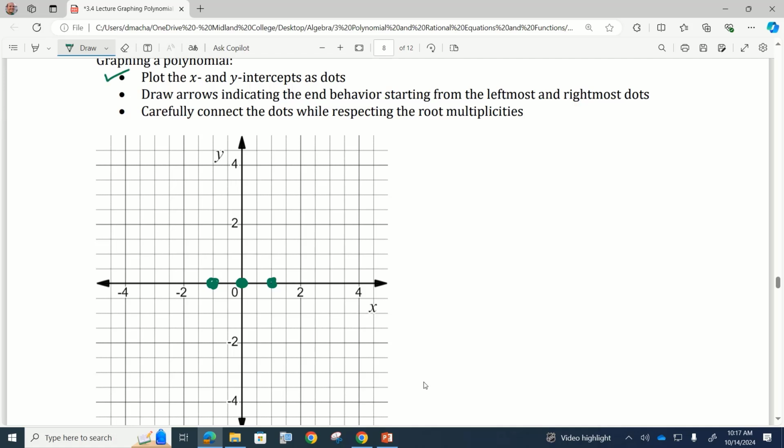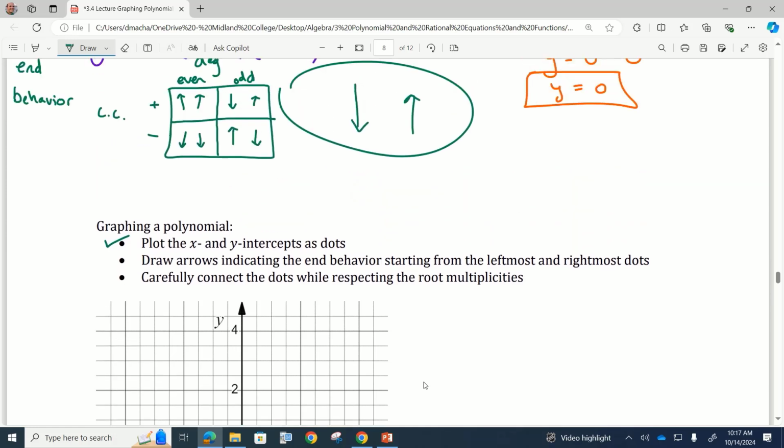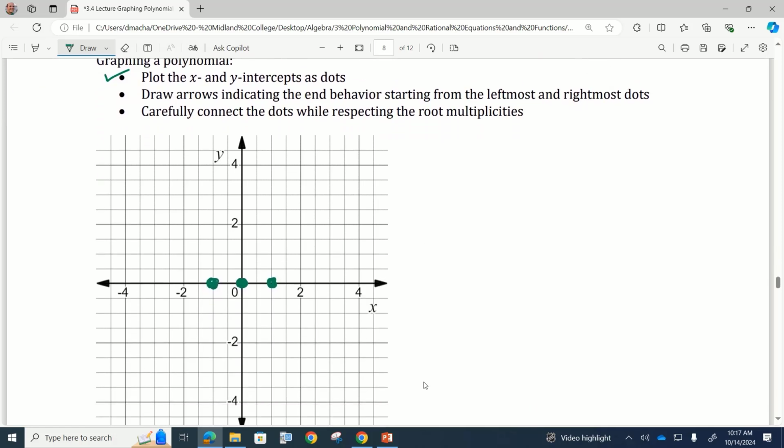And the y-intercept is at y equals 0, and I've already actually plotted that dot, so I'm good. The next step is to draw arrows that indicate what the end behavior is. On the left side, my end behavior is down on the left. So let's start from the dot farthest to the left, and I'm going to draw an arrow down on the left.